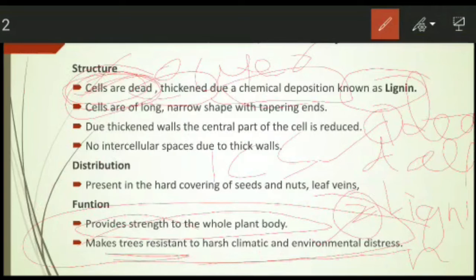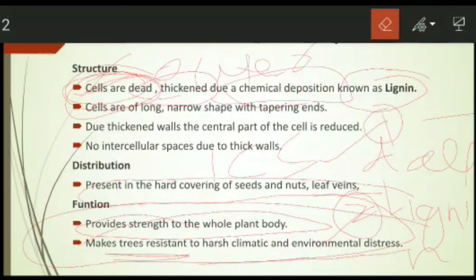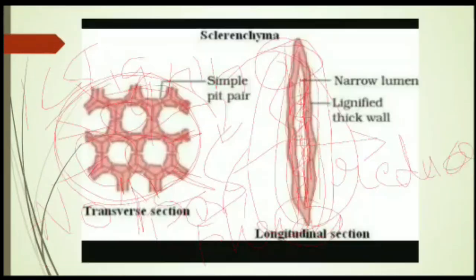So let's come to its distribution. They are present in the hard covering of seeds and nuts like walnut and groundnut. The coverings of those seeds are so hard just because of the presence of this type of tissue, and you may find them in the leaf veins. Many of you may not understand what a leaf vein is.